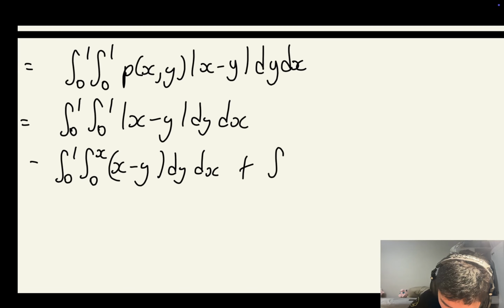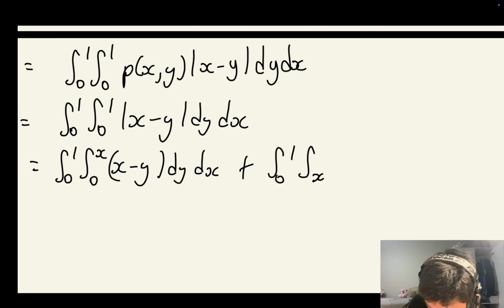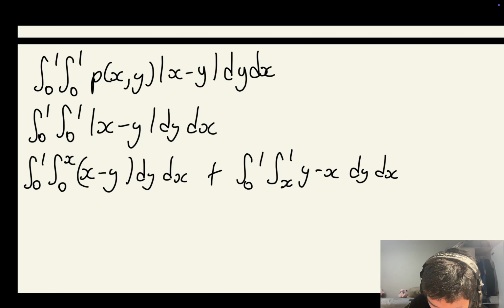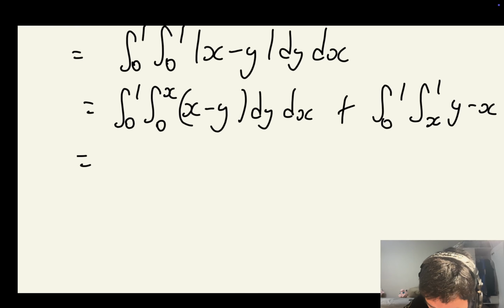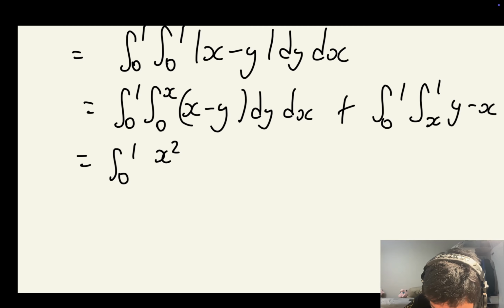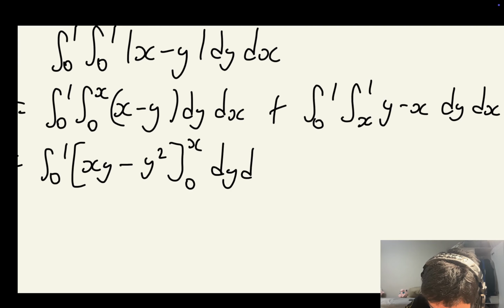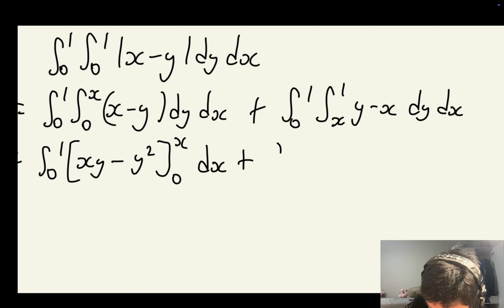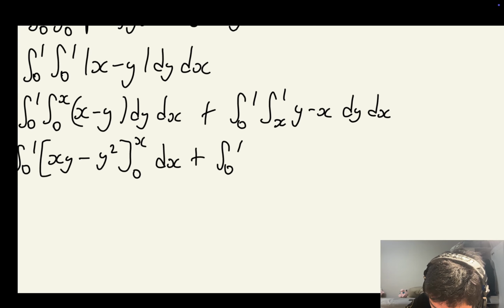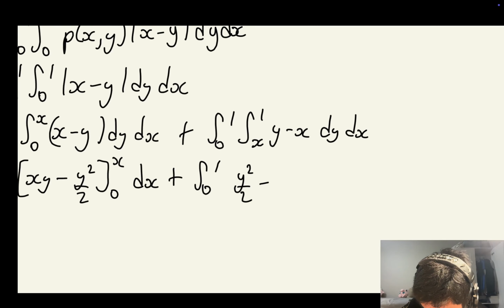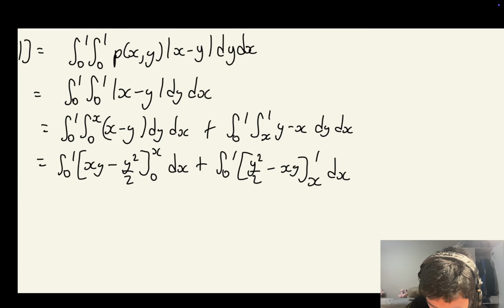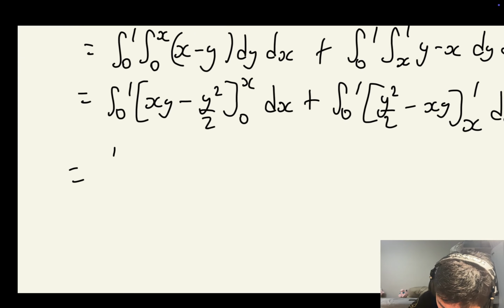Split this into 2 integrals. This would be equal to, I'm just going to integrate this first. So xy squared evaluated at x, 0. dy dx. This would also be y for 2 minus xy evaluated at 1 minus x. You can just compute this easily.